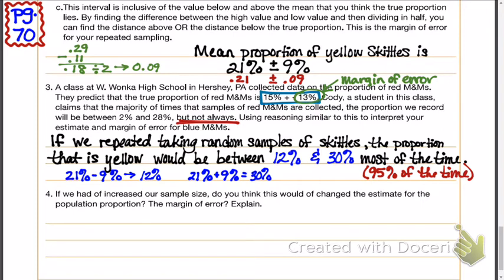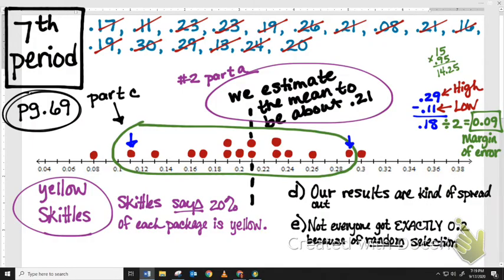Were most of our values in between 12% and 30%? Do you want me to pop our graph back up there? There we go. Were most of our values in between 12% and 30%? Yeah. In fact, if I include everything between 12 and 30%, I'm only leaving out how many points? Just 2 of them. So that is very, very close to what we saw.